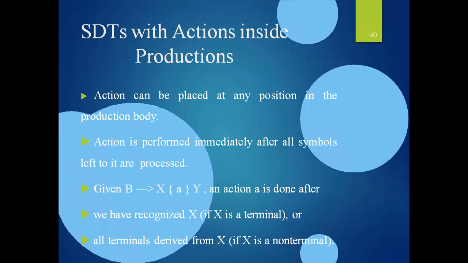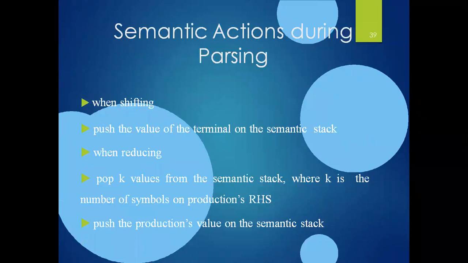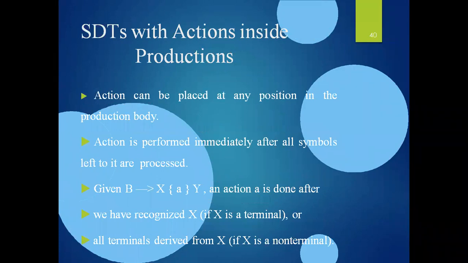And what about syntax directed translations with actions inside the productions. In the previous slide I explained what type of semantic actions occur during parsing, and here the slide is about the syntax directed translations with actions inside the production, right? Inside the production. And see here we have some important points. An action can be placed at any position in the production body, right?